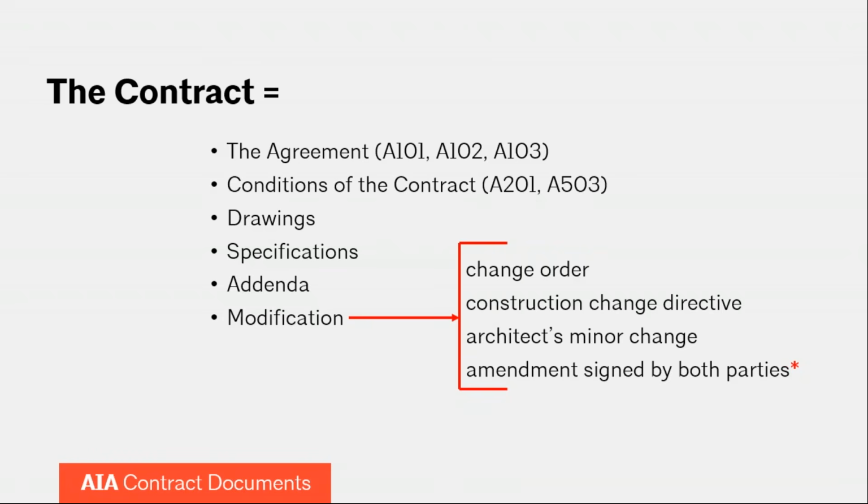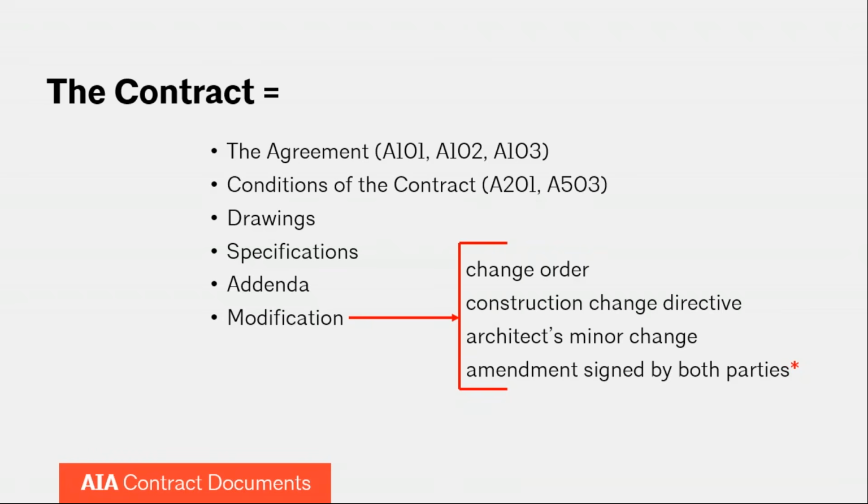It also includes addenda, which are any changes to the contract documents that happen before execution of the contract. These are things that tend to happen during the bidding phase. And it also includes modifications. Modifications are changes, either changes in the work or changes in language of the agreement, that happen after execution of the contract.